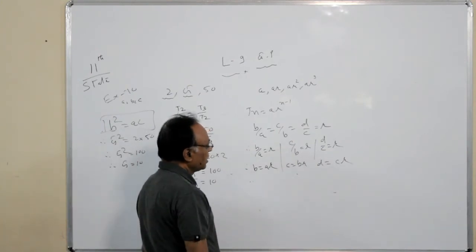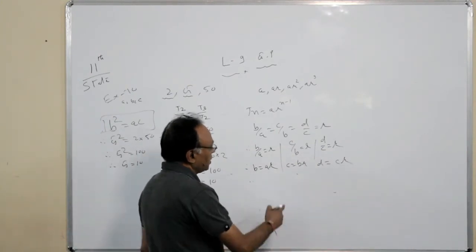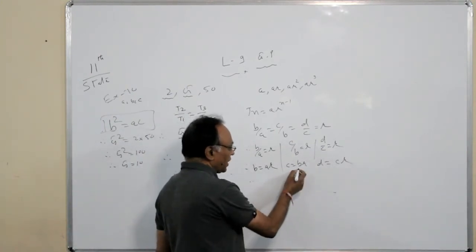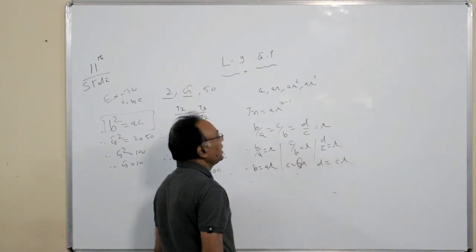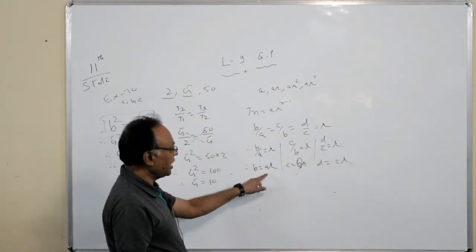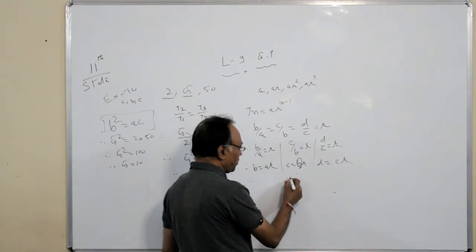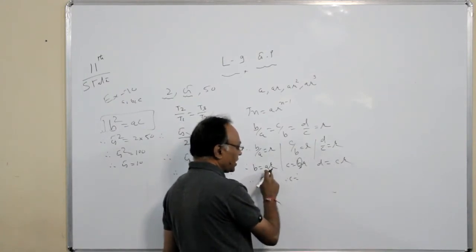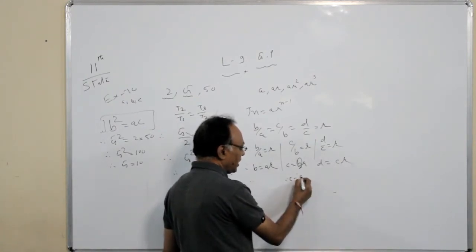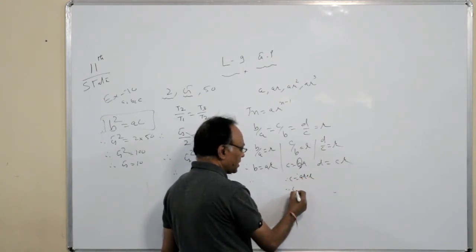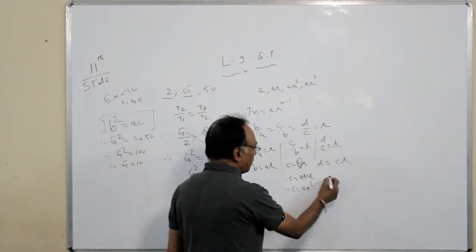Now, what is the value of C here? C is equal to BR. What is the B value here? It is AR into R. Therefore, C is equal to AR square.